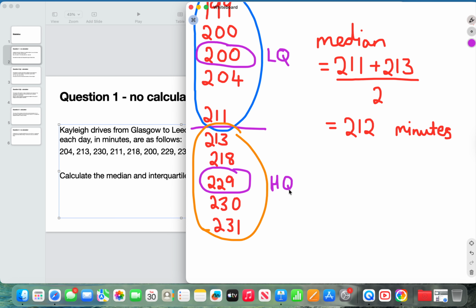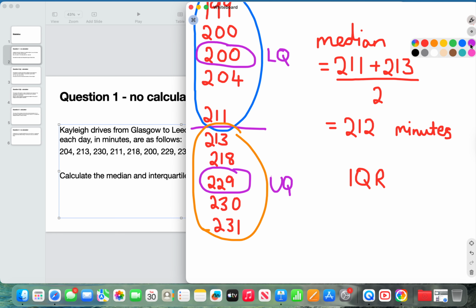To find the interquartile range, what you then do is take the upper quartile minus the lower quartile. In fact, I think that calling it the upper quartile makes more sense, so I'm going to call this the upper instead of the higher.